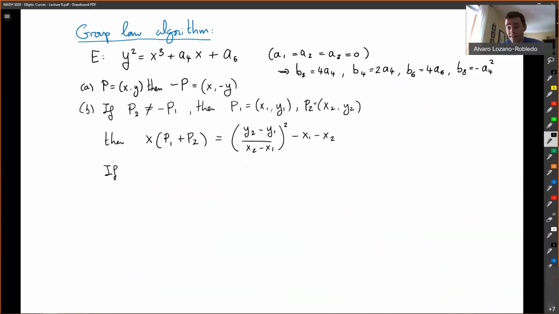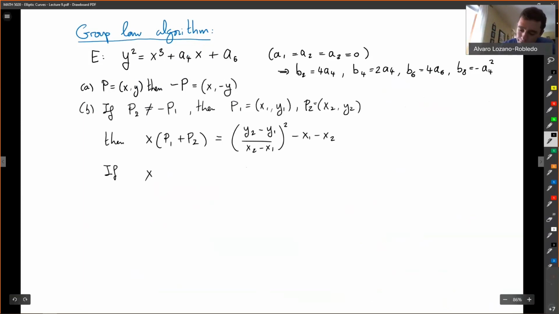It's also nice because it doesn't involve any of the coefficients. It doesn't involve A1 through A6. Isn't that nice? It's the same for any elliptic curve. Of course, the coefficients are sort of hidden in the y coordinates of the points. But anyway, that's my taste.